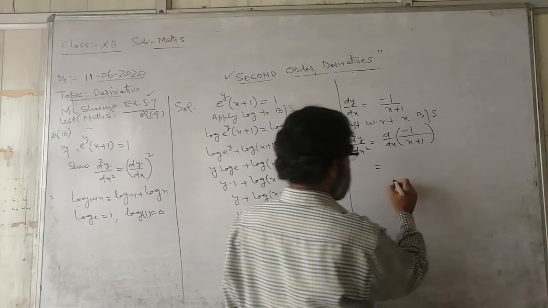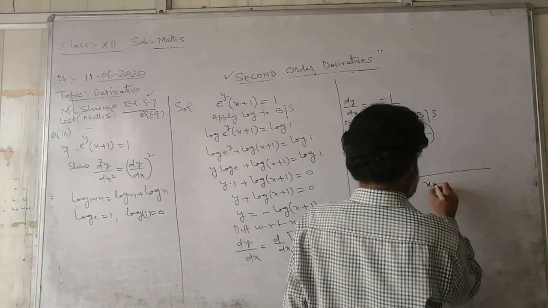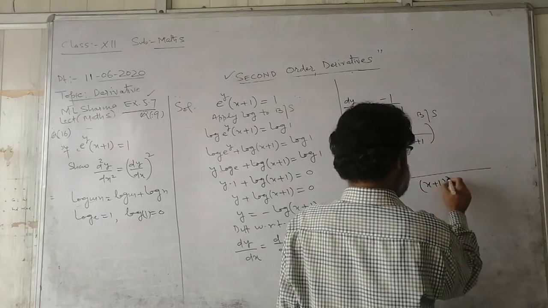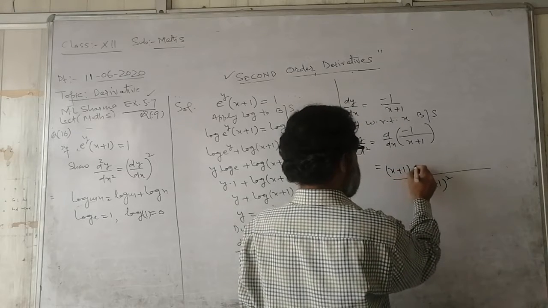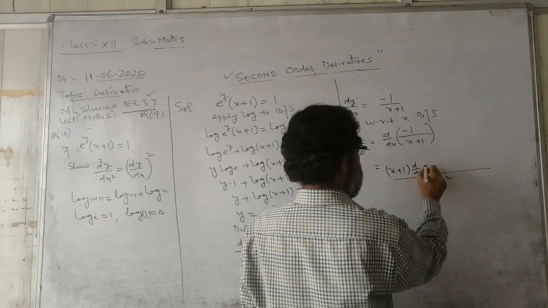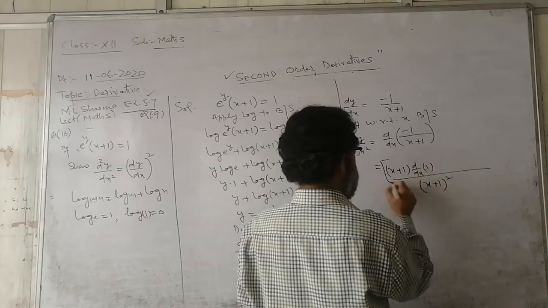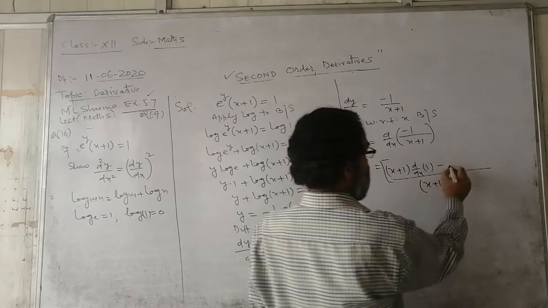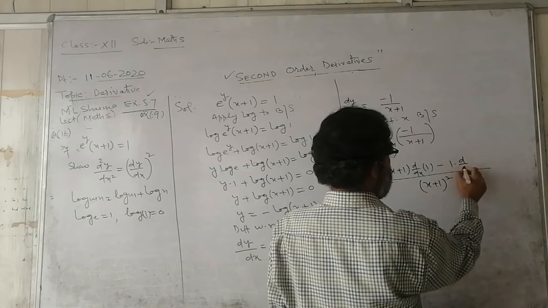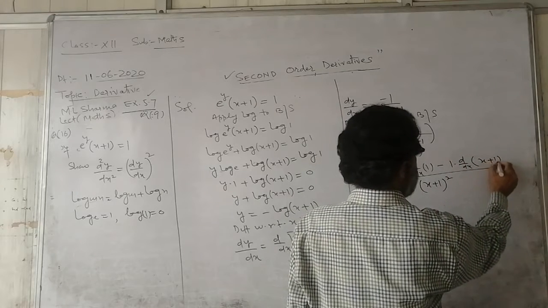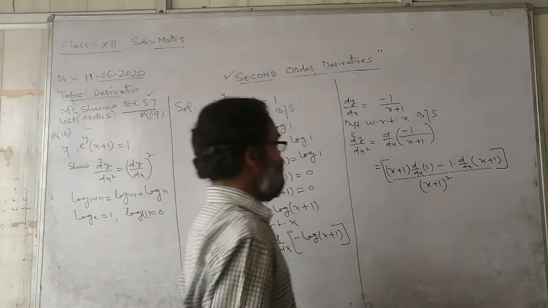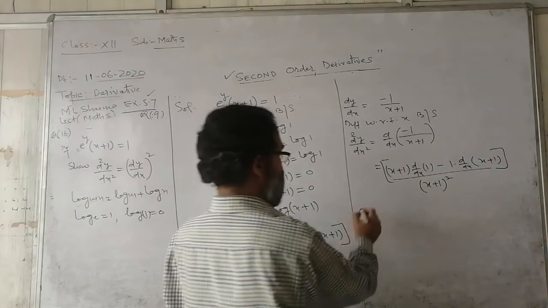So this will equal to x plus 1 whole square in the denominator, and in the numerator x plus 1 into the derivative of 1 minus 1 into the derivative of x plus 1. So this is the second order derivative.